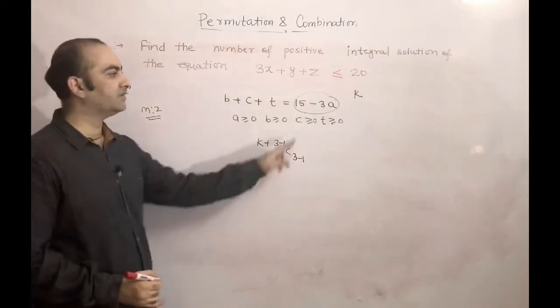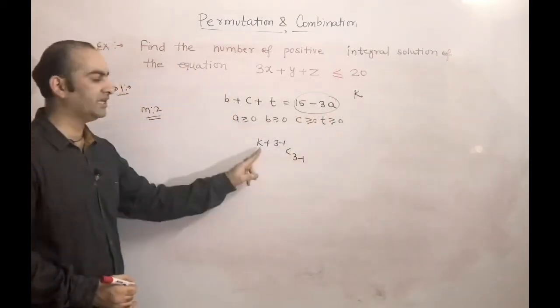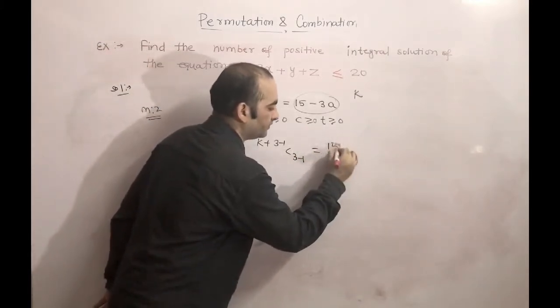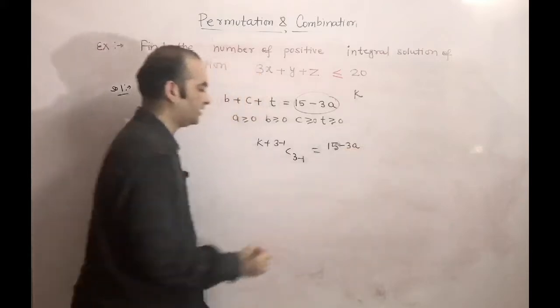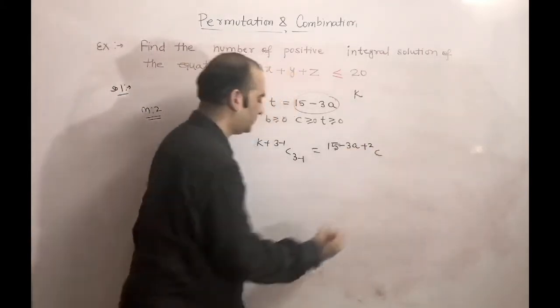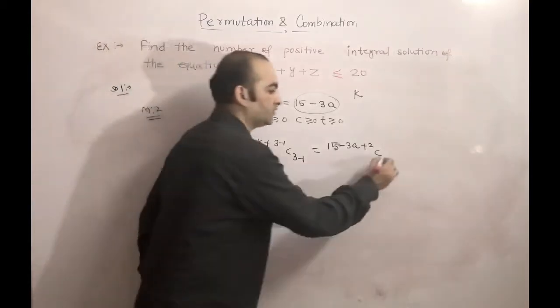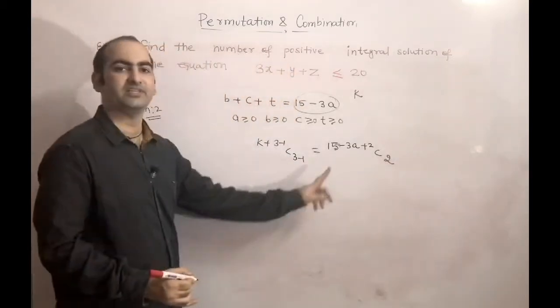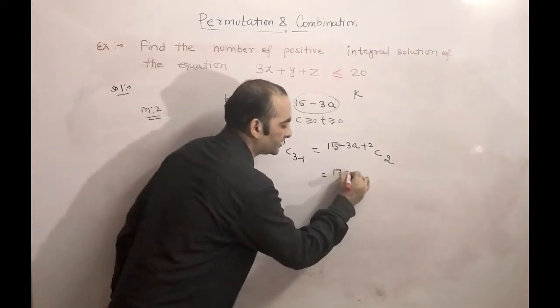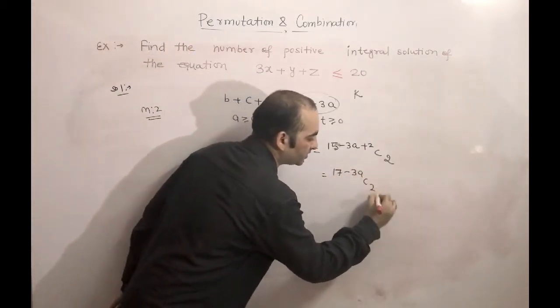And K is 15 minus 3A. So if you put the K value here, what will come? 15 minus 3A plus 2, C 2, since 3 minus 1 is 2. If we simplify this one, 15 plus 2 is 17, so 17 minus 3A C 2.